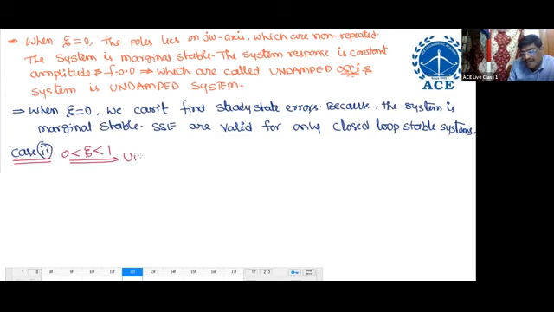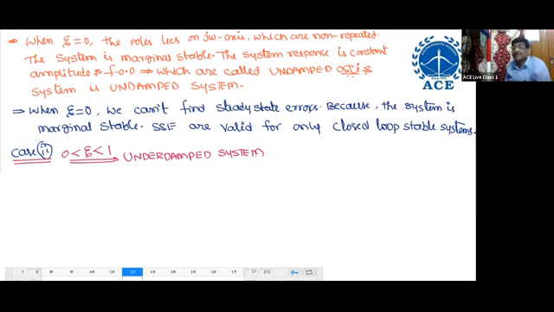This system is called an underdamped system. When zeta is greater than 0 and less than 1, the system is called an underdamped system.